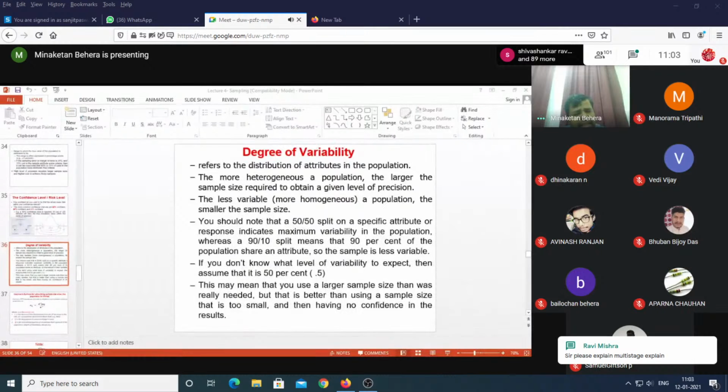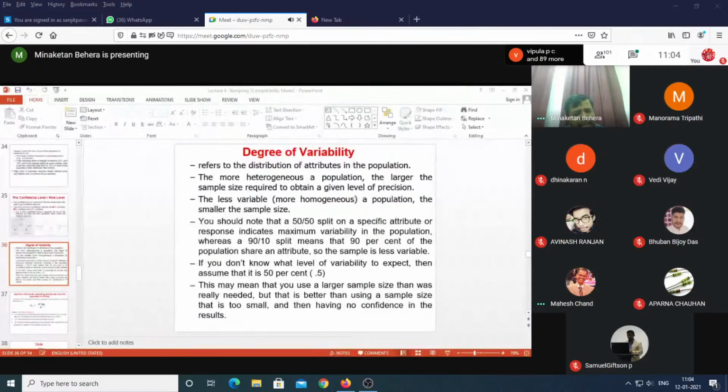Multi-stage sampling. Ravi ji, you just look at it. The first criterion is that you apply multi-stage sampling only if your sample size is very large. Multi-stage sampling means you go stage by stage: first select states, then district, block, panchayat, village, on the basis of certain parameters.